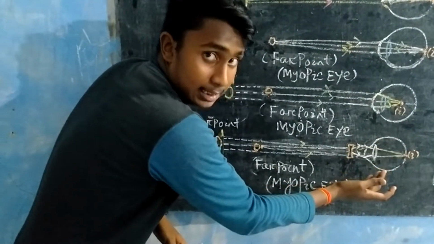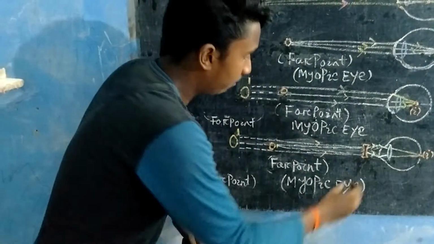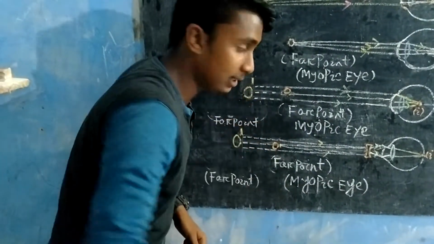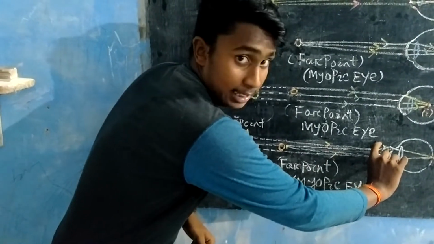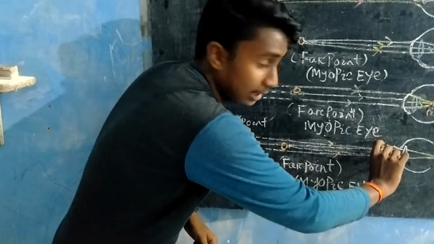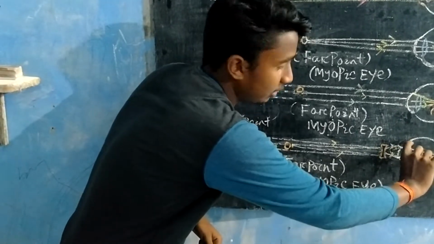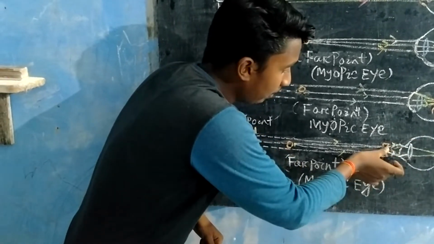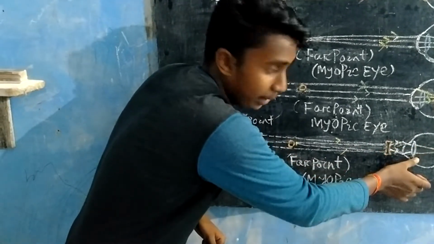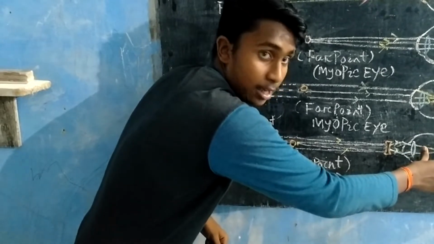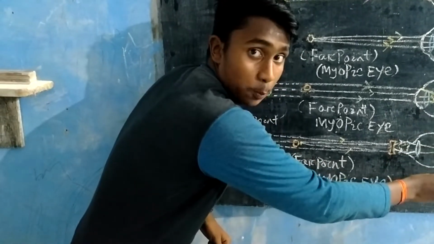The fourth one indicates that the defect can be rectified by a lens called a concave lens. Here, friends, the interesting thing is that there are 2 lenses. First is the concave lens, another is the convex lens. The concave lens diverges the rays, and the convex lens converges the rays on the focus at the retina, where the image is formed.